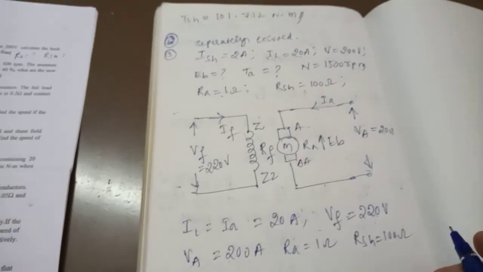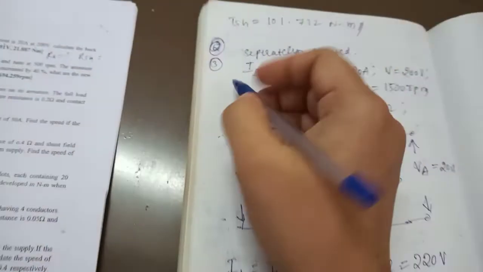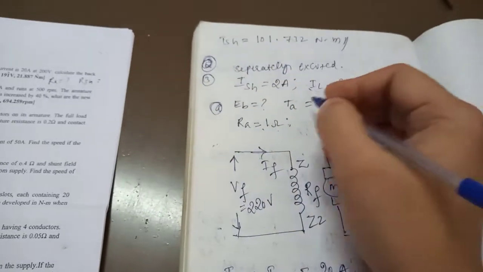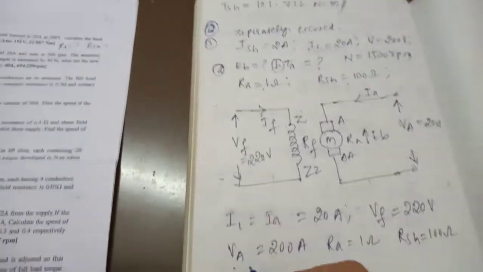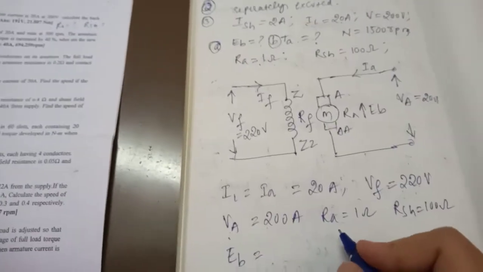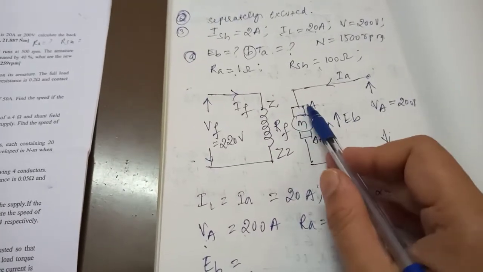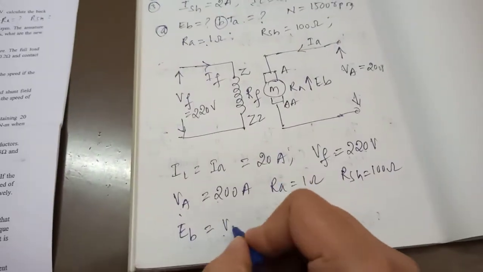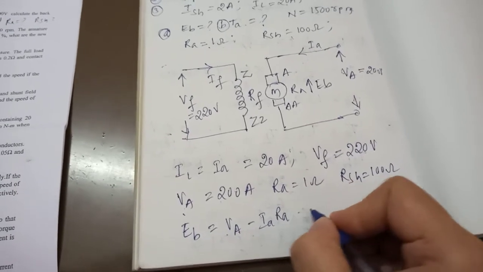Right. So what else we have to calculate? I have to calculate back EMF generated and torque developed. So let me calculate back EMF generated. Back EMF EB is equal to VA minus IA RA, right? Actually, we have to consider minus BCD, the brush contact resistance drop.